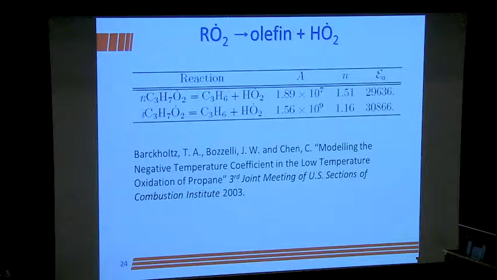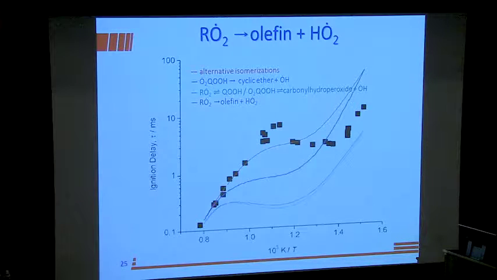Okay? Then this was new. Okay? So the RO2 giving us olefin plus HO2. Actually, the first people to show this was in 2003, Tim Barkholz, Joe Bazzelli, and I don't know the first name here. They presented this at the US section meeting, it was held in Chicago, in 2003. And they gave rate constants for these RO2 giving olefin plus HO2, okay? If we included those in the model, actually it made things a little bit slower.